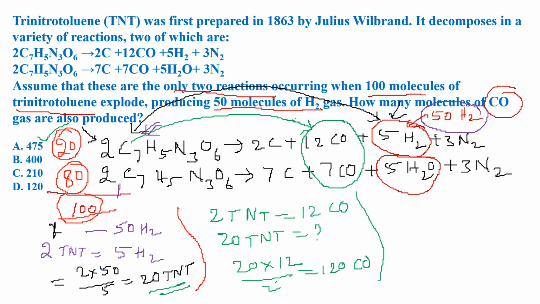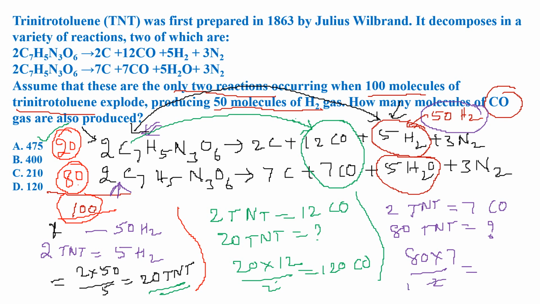Then we'll go for the second reaction. Based on the chemical reaction, two molecules of TNT equal 7 molecules of CO. Then 80 molecules of TNT equal how much? 80 into 7 divided by 2.